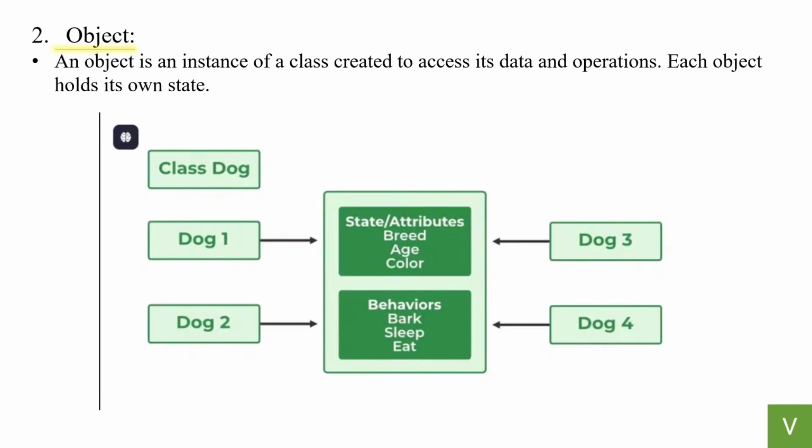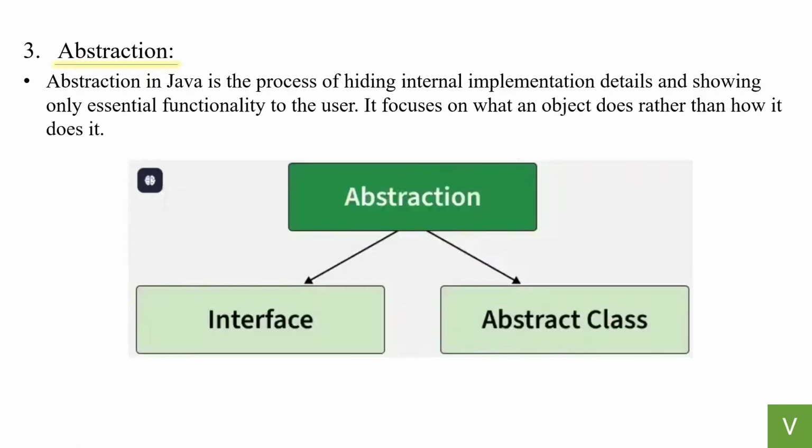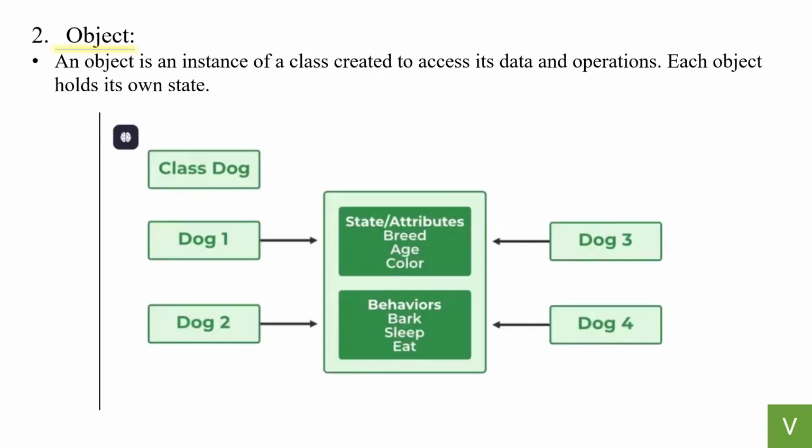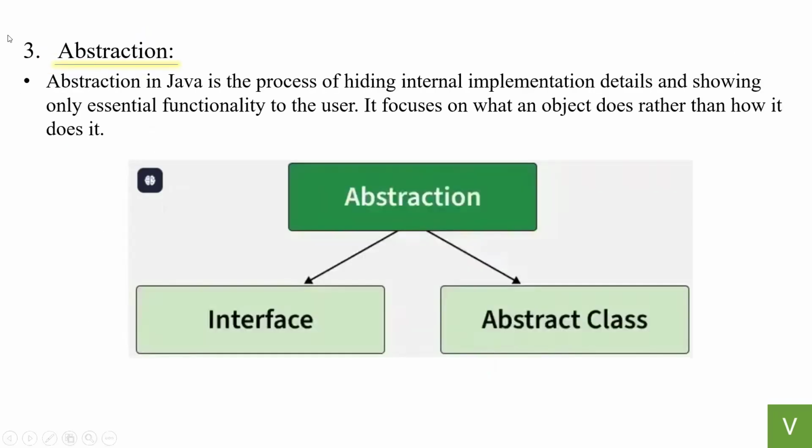But whenever an object is created, only then is memory available for that particular variable. So this is about classes as well as objects. Before understanding the Java concepts, you must know what is meant by class as well as objects.